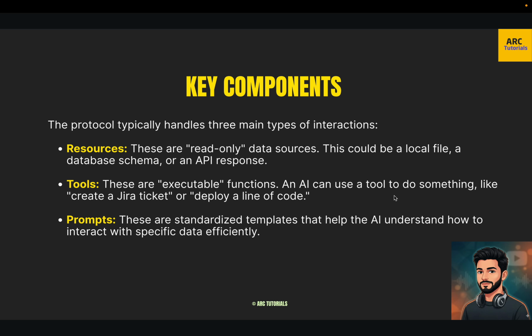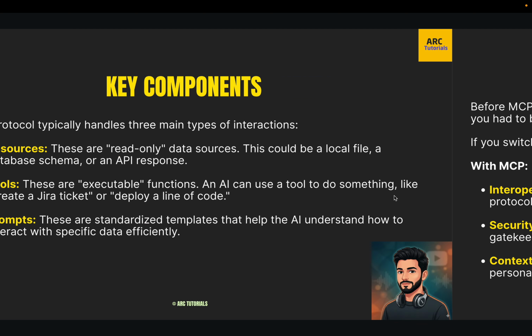These are executable functions which tell what needs to be done. Then comes the prompt, which is the standardized templates that help the AI understand how to interact with specific data efficiently. So remember, the MCP protocol has three components: resources, tools, and prompts.